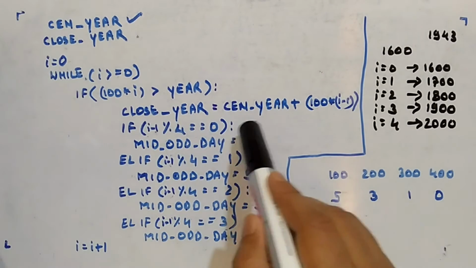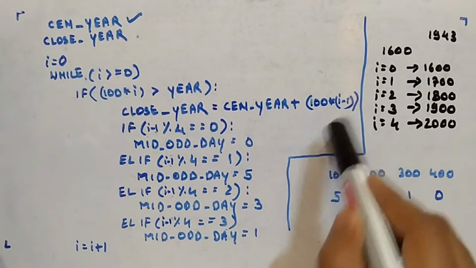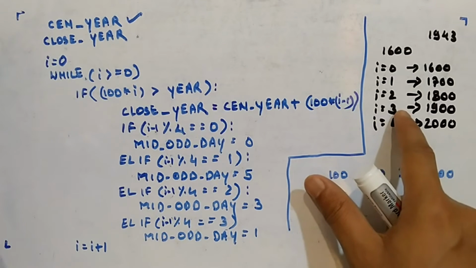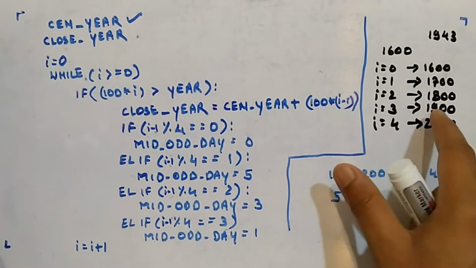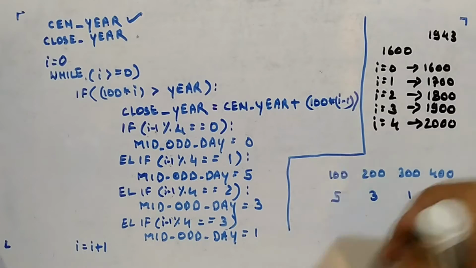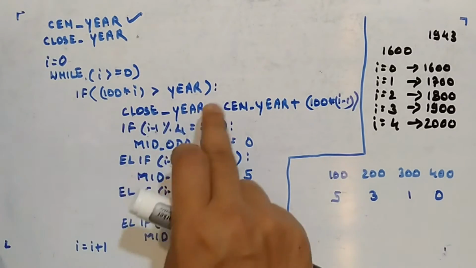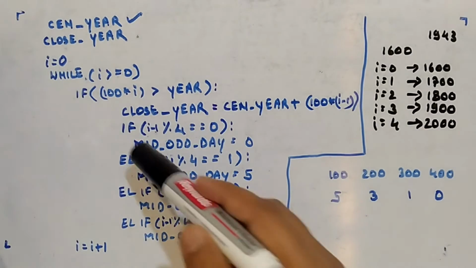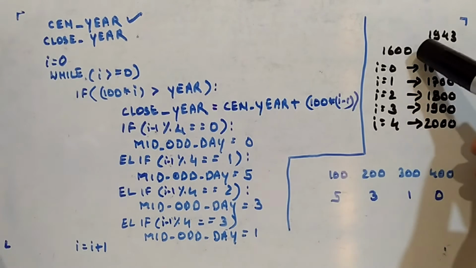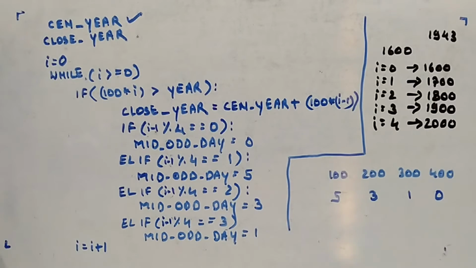Now you have to store this result, 1900. So close year is equal to century year plus 100 into I minus 1, where this is the I value. So I minus 1 into 100 plus century year, which is 1600. 1600 plus 300 will give you 1900, so 1900 is stored here. Now you will find the odd number of days. 1600 has 0 odd days.